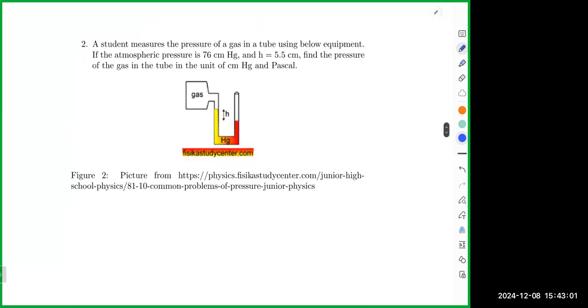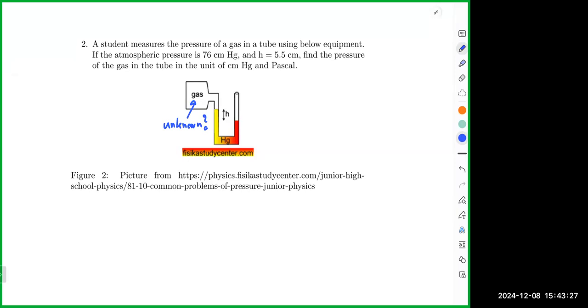Okay. For this one, a student measures the pressure of gas in a tube, which remains unknown. They would like to know the pressure right here using the below equipment.